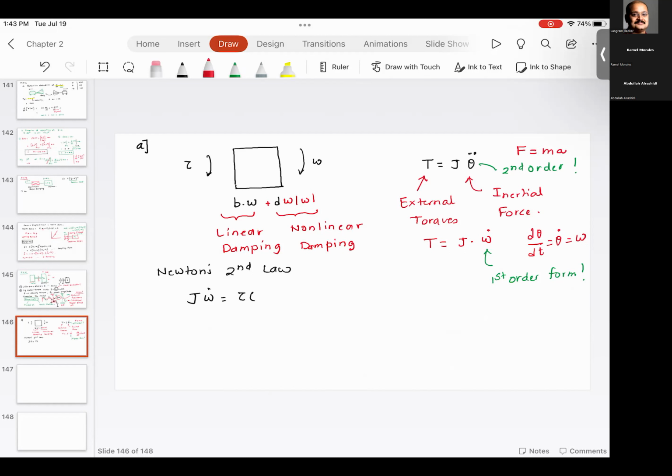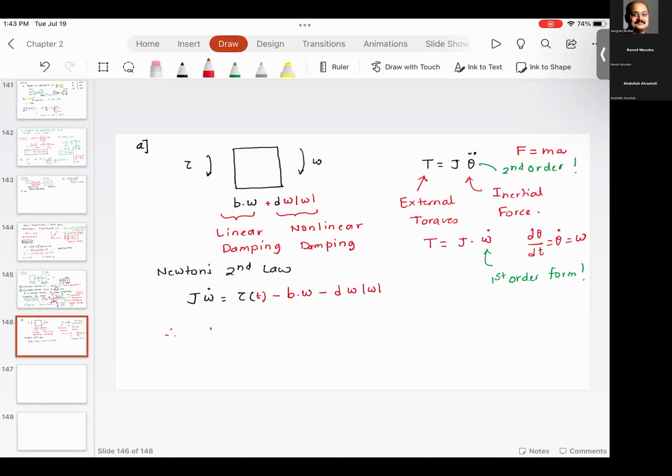That being said, let's add the damping terms. So this will be minus b times omega minus d times omega sine of omega.